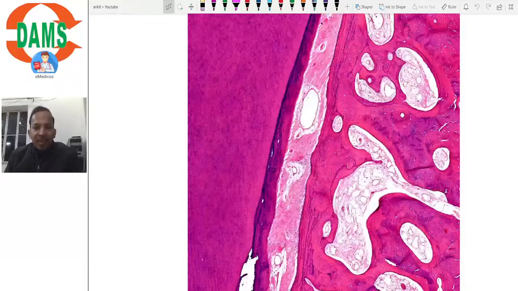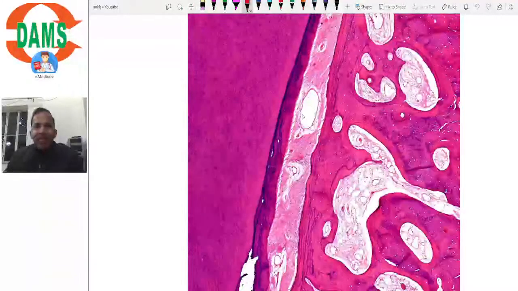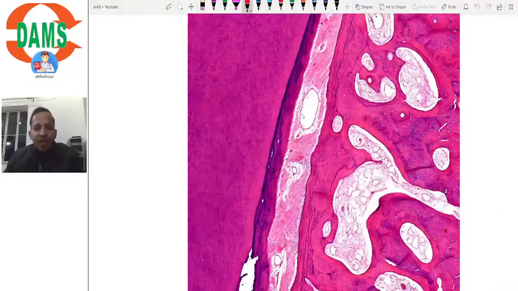Today we'll be discussing some slides from dental histology, and this is the first slide that I've got for you. In this slide, I hope you can easily identify the tissue that is on display, right?